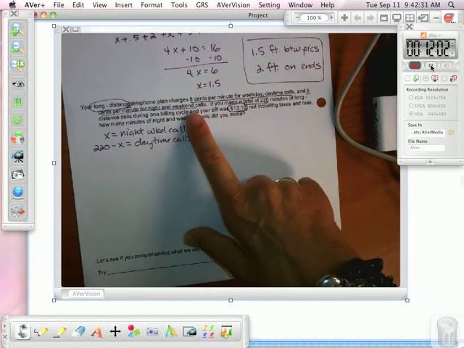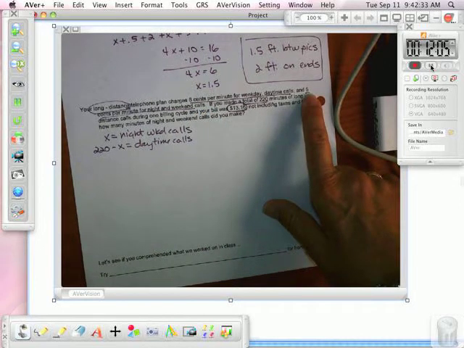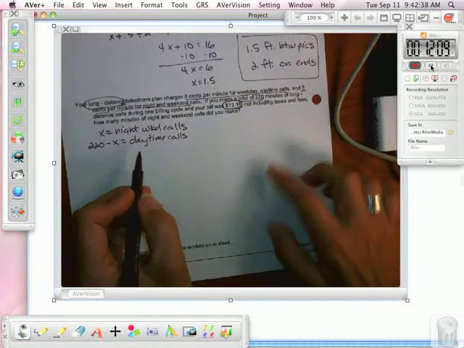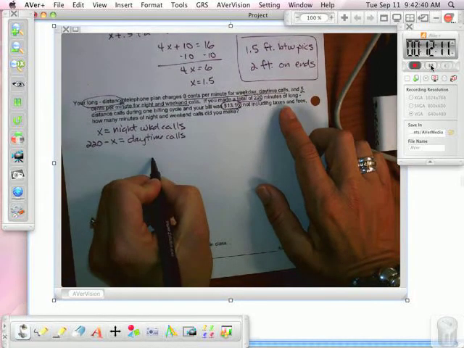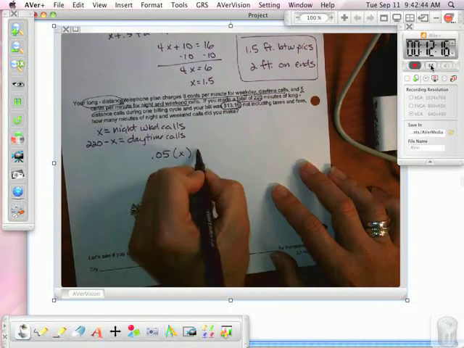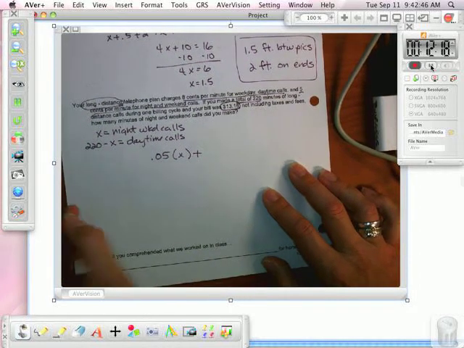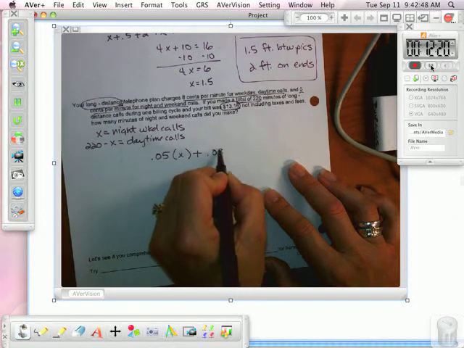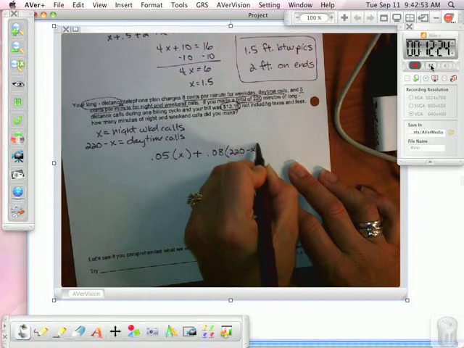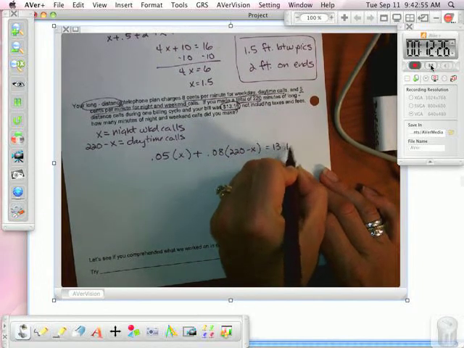Night and weekend are how much? 5 cents, right? I have to add those two types of calls together. So I'm going to say night and weekend calls are 5 cents times X plus 8 cents for daytime calls equals a total of $13.16.